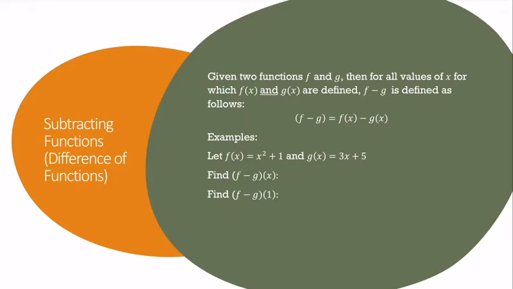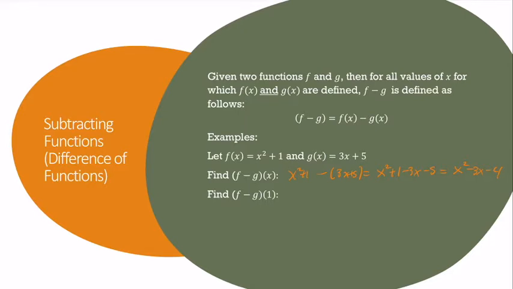I'm going to take x squared plus 1 minus, and be sure you use your parentheses so you don't forget to distribute, 3x plus 5. This equals x squared plus 1 minus 3x minus 5. So I have x squared minus 3x minus 4 is the difference of our two functions f and g.